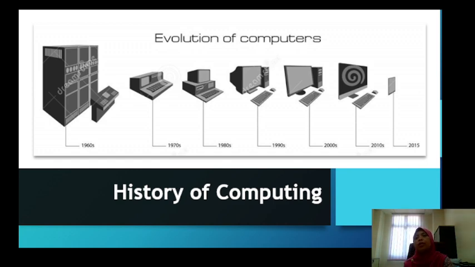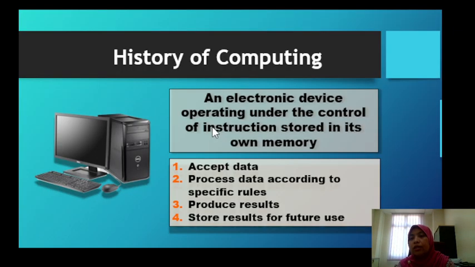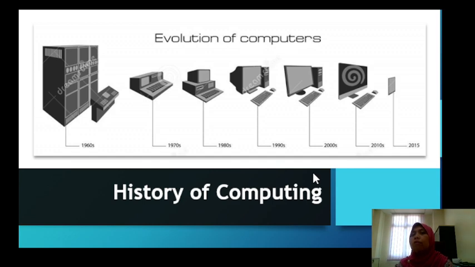Smartphones can also be categorized as computers because they have their own memory, and the function is almost the same as your computer: accept the data, process the data, produce the result, and store the result for future use.